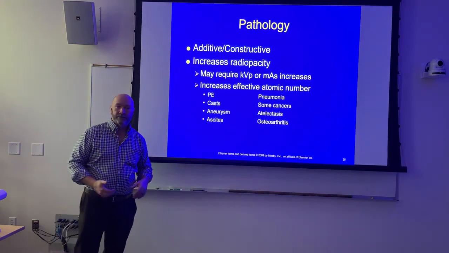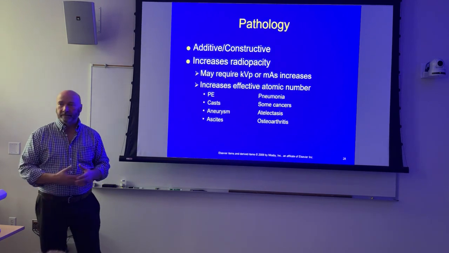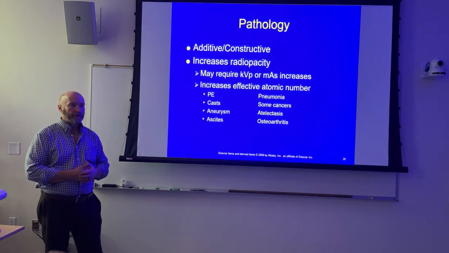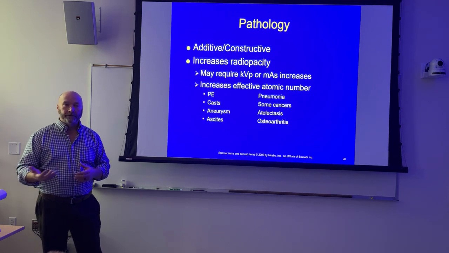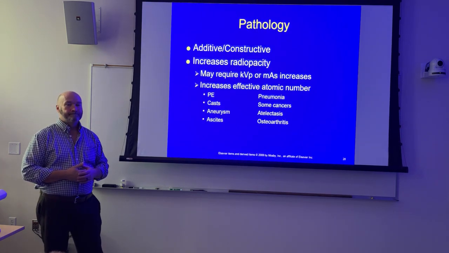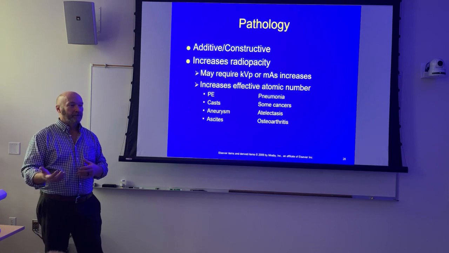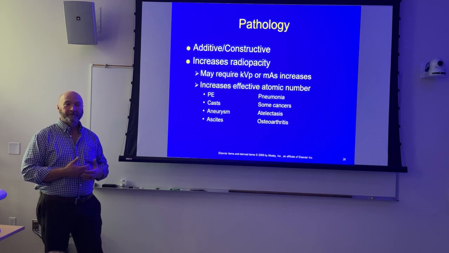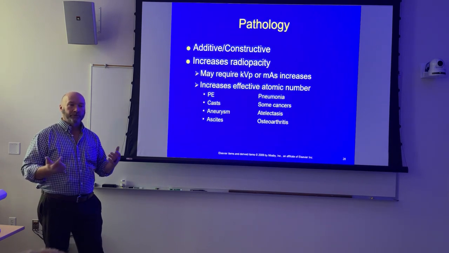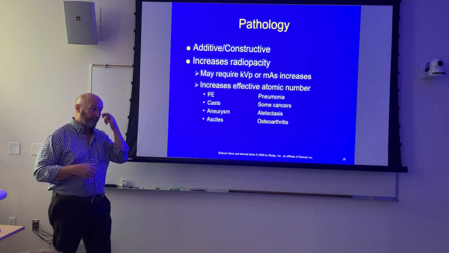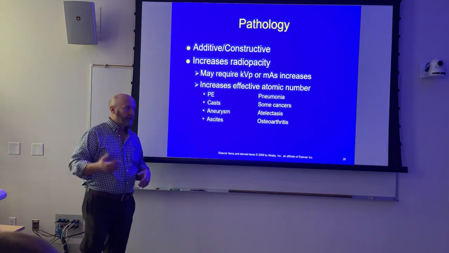So if it's a bowel obstruction, then what did we say that you needed to do? Because if you've got a bowel obstruction, what are you full of? Air, right? So what do you need to do with your technique? You've got air. Air is hard to penetrate, right? No, it's not. So you would decrease your technique by 30 to 50%. With ascites, you would go the opposite direction.